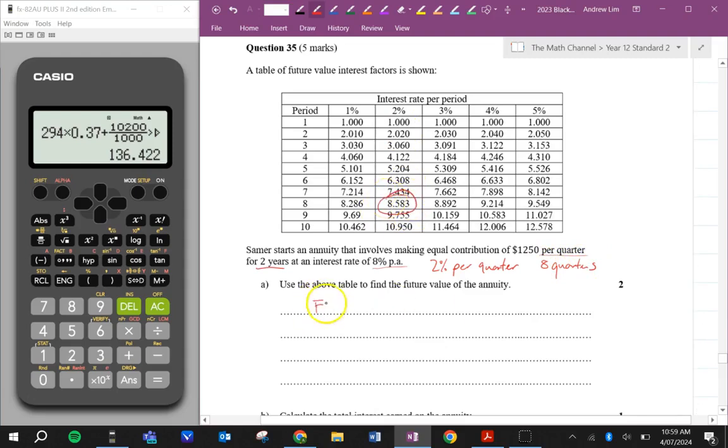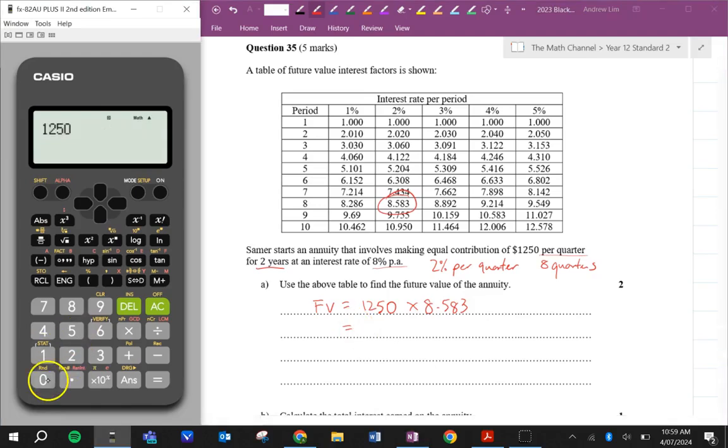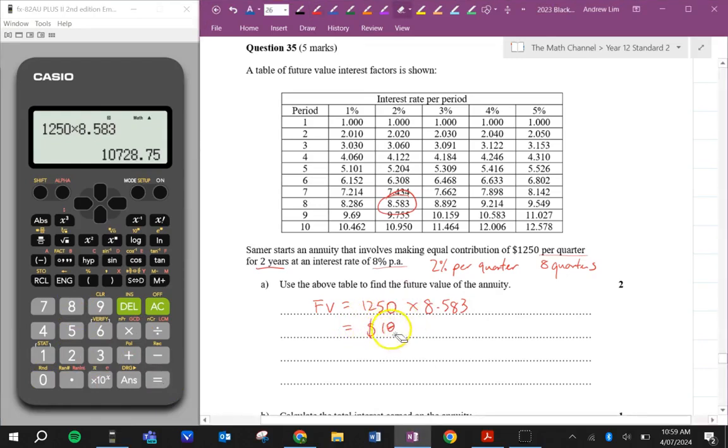So the future value is equal to the annuity times the figure in the table, 8.583. That gives $10,728.75.